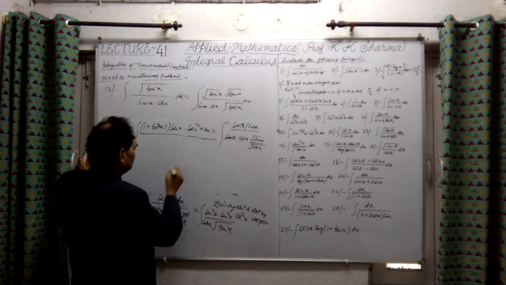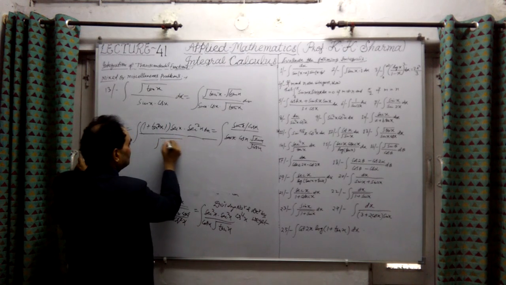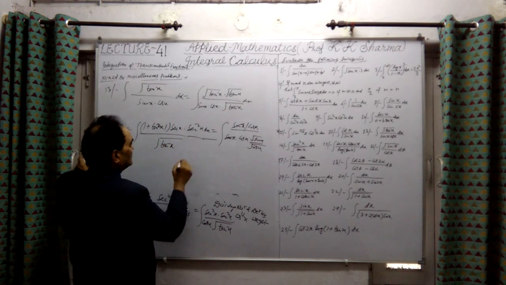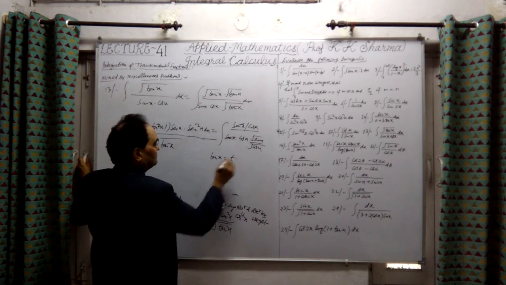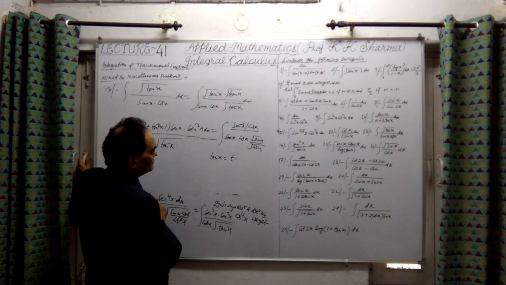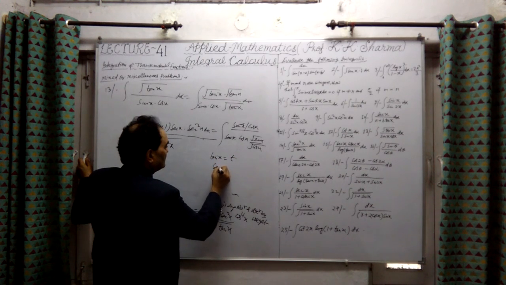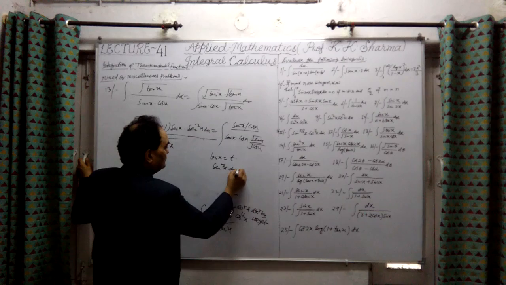Okay, if I substitute here, this is into tan x. So if I put tan x equal to t, 1 by cos x is coming next. But let me check: sec square x into dx equal to dt.